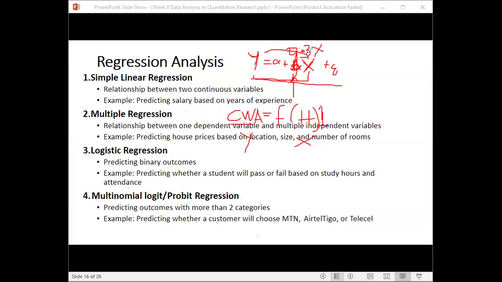That is the establishment I have here. And that's what's going to be my conclusion at the end of the day, that I saw a positive relationship between the number of hours I learn and the CWA I get.